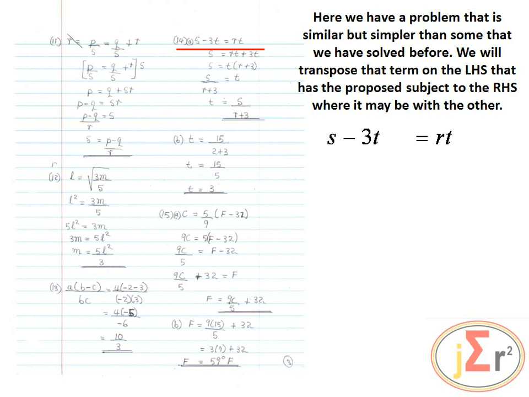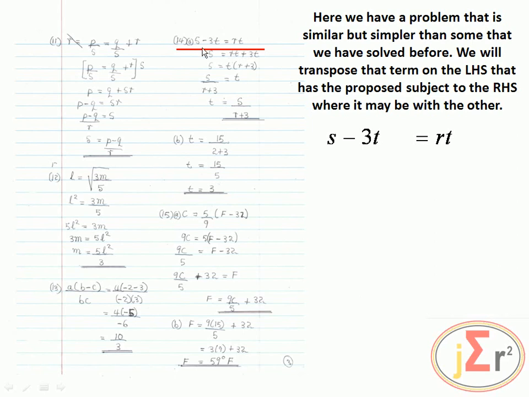Here we have a problem that is similar but simpler than some that we have solved before. And maybe I'm saying it is simpler because we have the proposed subject on opposite sides of this equation, but we did not have to cause them to be there by having denominators.